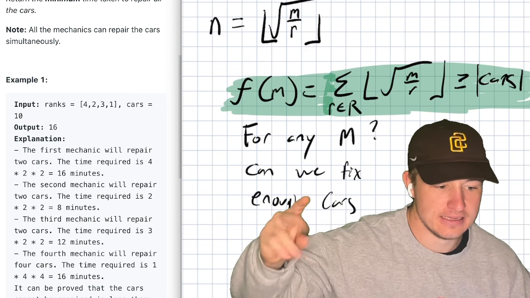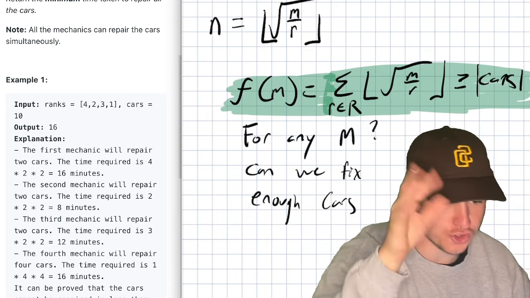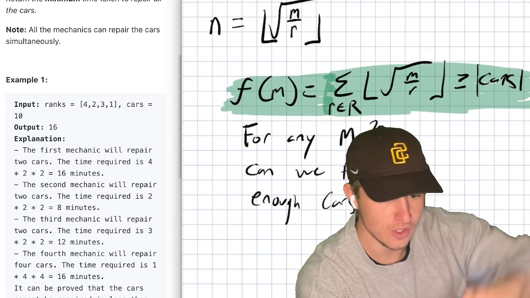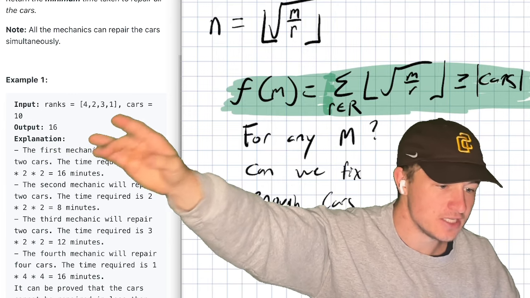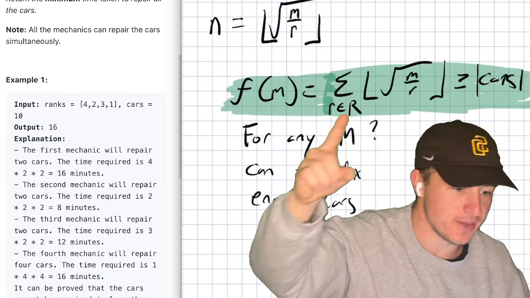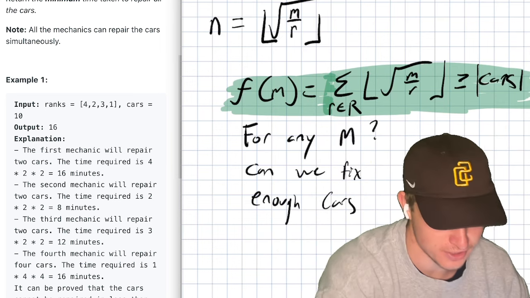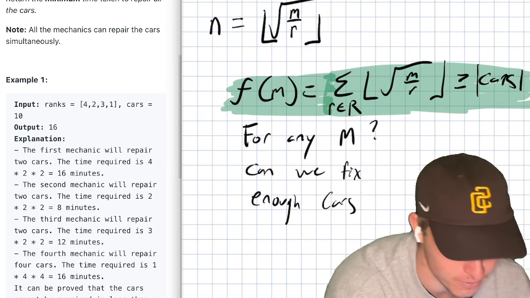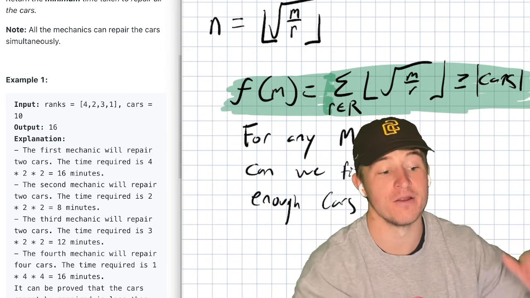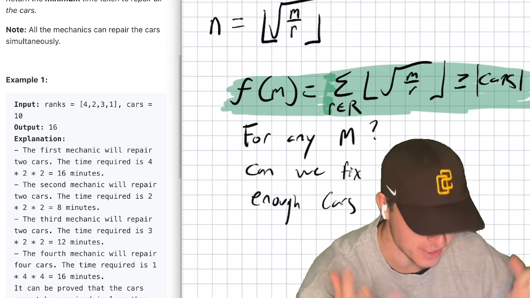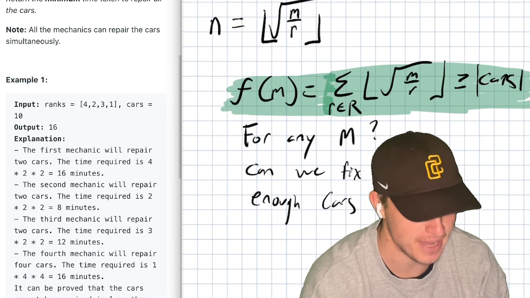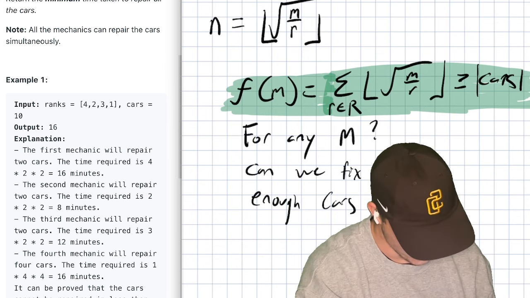And so that's how we knew with 16 if it worked, because we have M equals 16. We take 16, put it in here, sum it all together, and say, is it bigger than cars? Yes, it works. But how do we find that 16 value? Well, this is where the approach, given the pattern, makes sense.